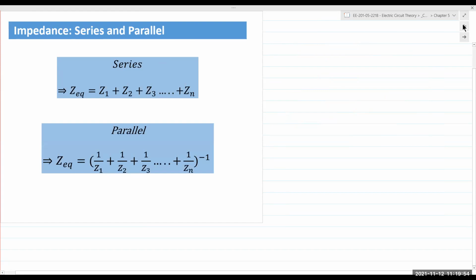Impedances add up the same way that you add up resistances.